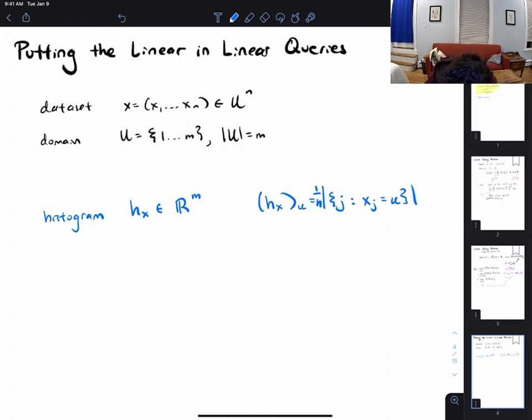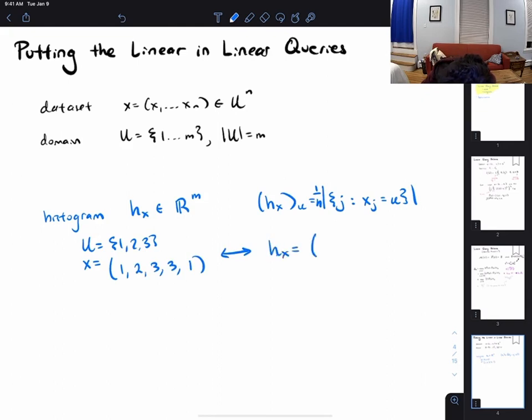For example, if the universe is 1, 2, 3, and x is 1, 2, 3, 3, 1, then the histogram is 2 over 5, 1 over 5, 2 over 5, because out of these 5 records, 2/5 of them are 1s, 1/5 of them are 2s, and 2/5 of them are 3s.